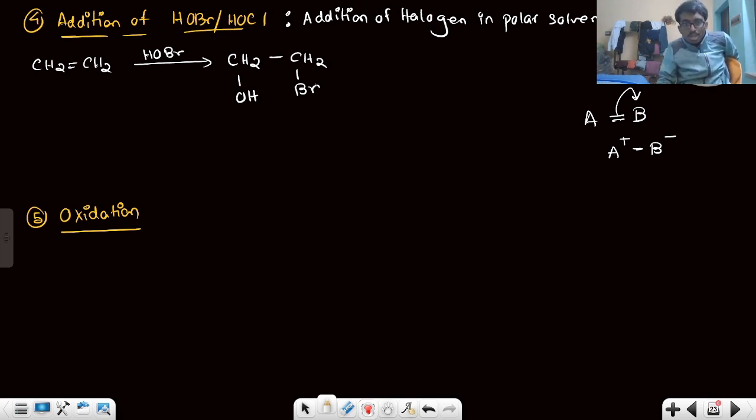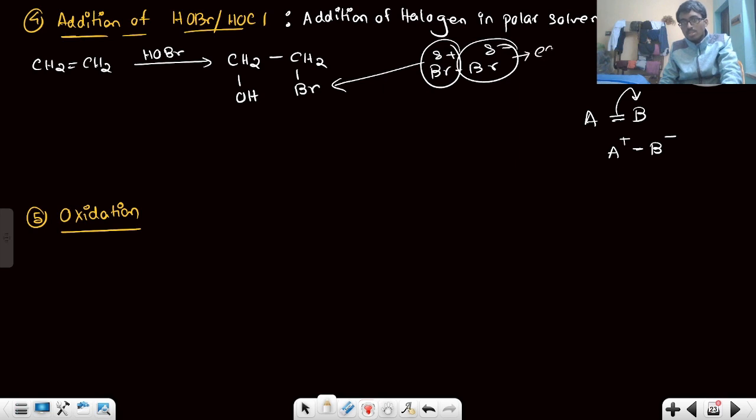So this Br must be an electrophile, this OH minus is a nucleophile. So Br minus nucleophile will not be able to attach because nucleophilicity of OH minus is more than Br minus. Clear? And the Br plus is coming and attaching. This Br bond has delta positive, delta negative. This delta positive one is going to attach. This delta negative one cannot attach.